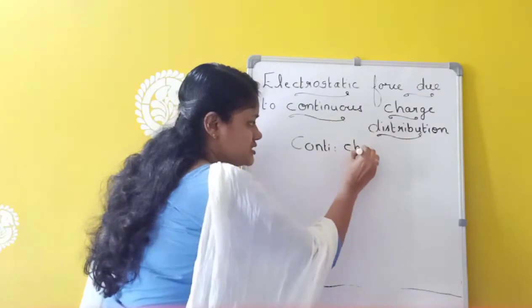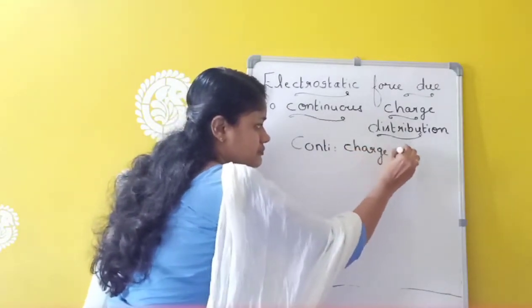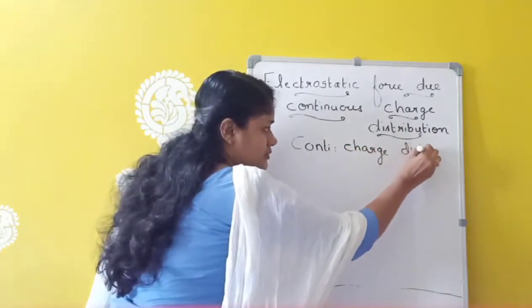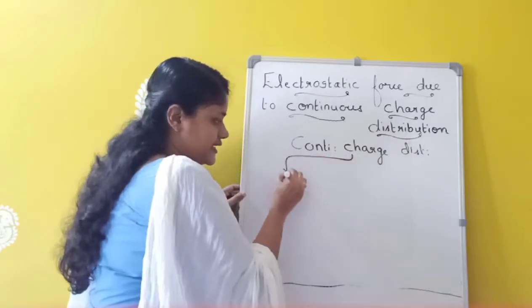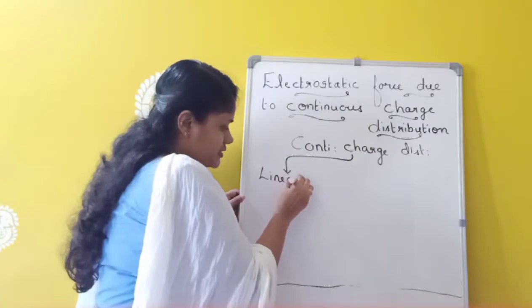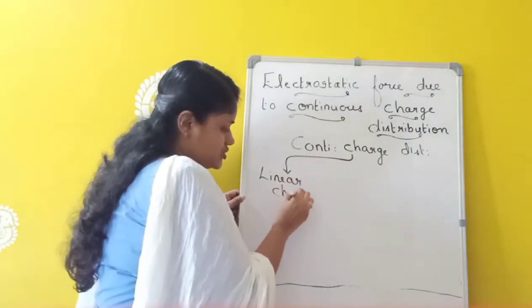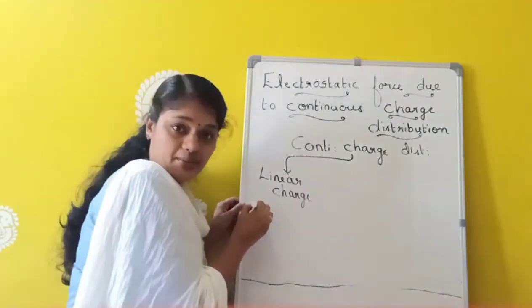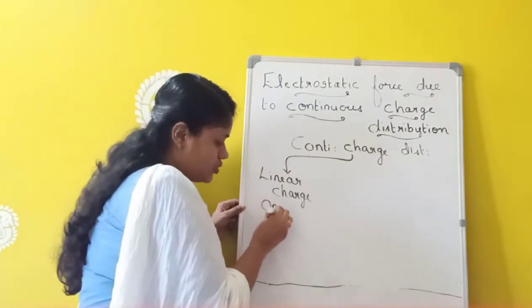Continuous charge distribution can be classified into three. First one is called linear charge distribution, or we can say one-dimensional distribution of charge.